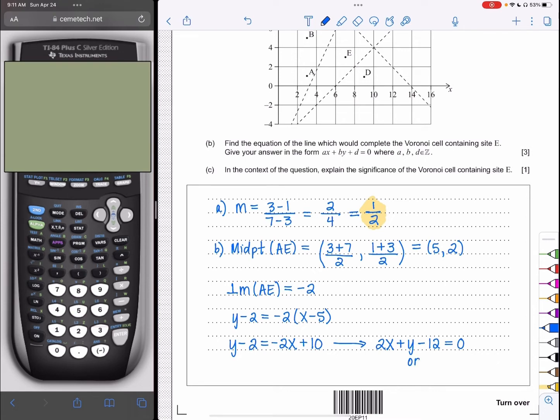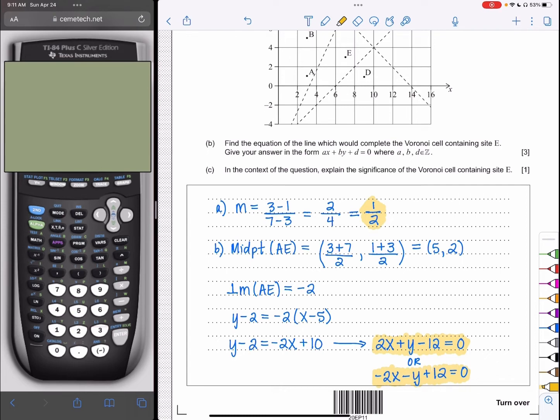If you wanted to, you could have taken everything over to the right-hand side and gotten -2x minus y plus 12 equals 0. Either or, you would have been correct. All you did was take one equation and multiply everything by -1 and switch the signs of everything. They are the same, so either would have been your answer.